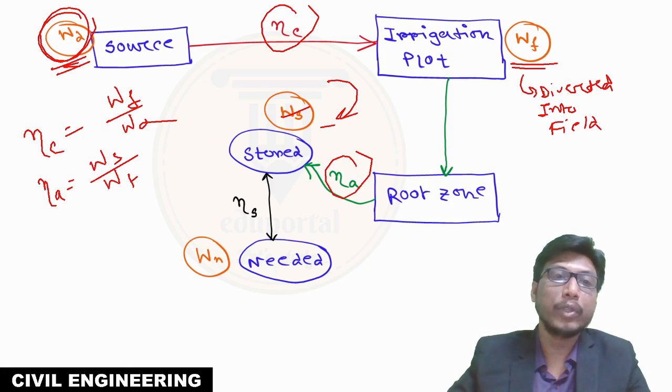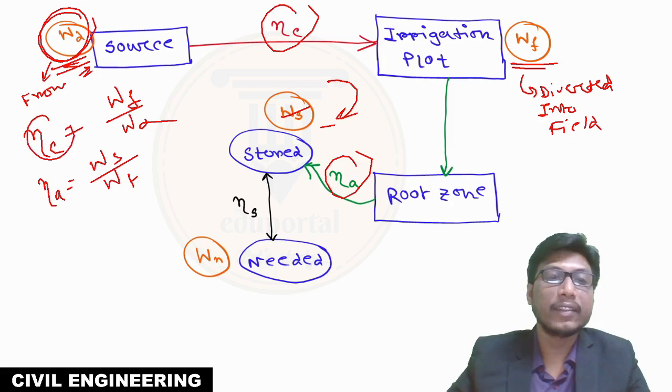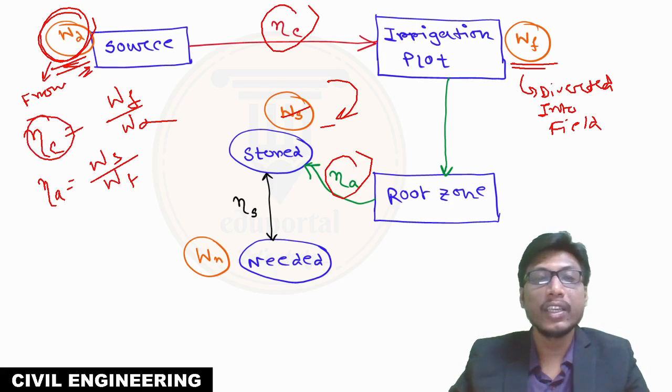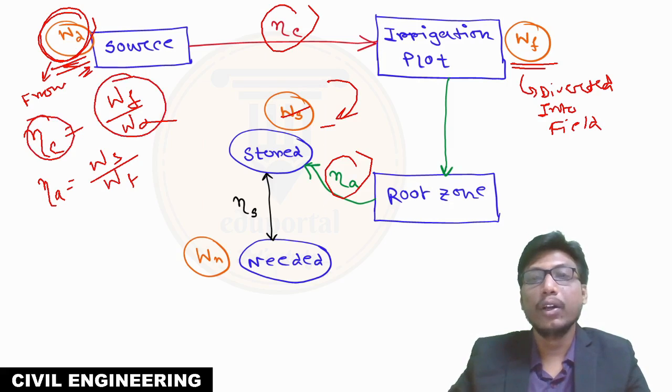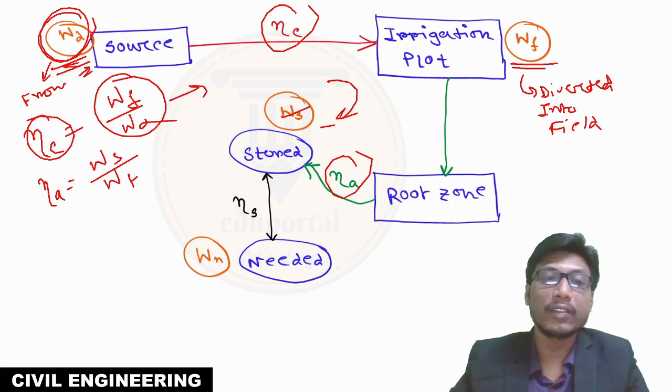So eta C is the conveyance efficiency, and it is WF by WD, that is the amount of water diverted into the irrigation field divided by the total amount of water that has been supplied from the source. So this is conveyance efficiency, that is number 1.